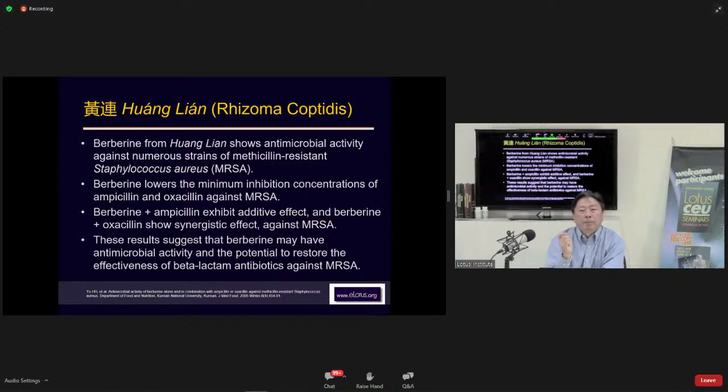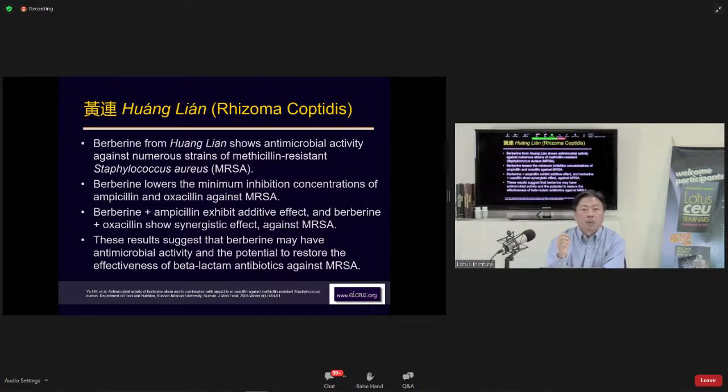So in a way, you can think of this also as a herb-drug interaction where the herb and drug are interacting with each other, but the net benefit is that you can use less of the drugs and still achieve the same outcome. Okay, so in this case, berberine and ampicillin is described to have an additive effect. So 1 + 1 = 2, okay? And berberine and oxacillin show synergistic effect.